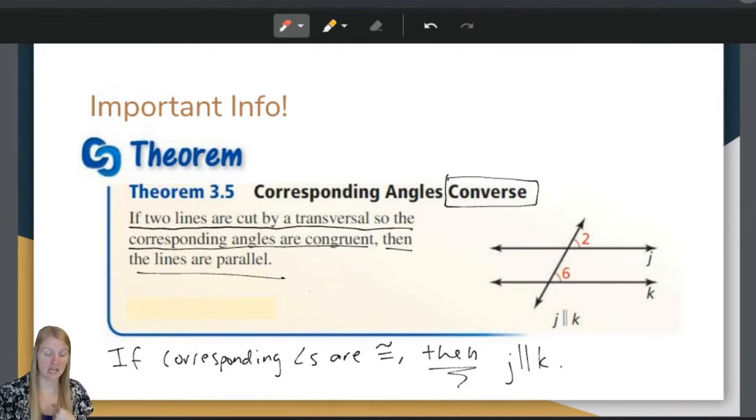And what this theorem is saying is that if corresponding angles are congruent, if angle 2 is congruent to angle 6, then J and K are parallel. So we don't get those red arrows until we can say, corresponding angles are congruent, then the lines are parallel. So this is the exact opposite of what we talked about in the last lesson. If corresponding angles are congruent, then the lines are parallel.